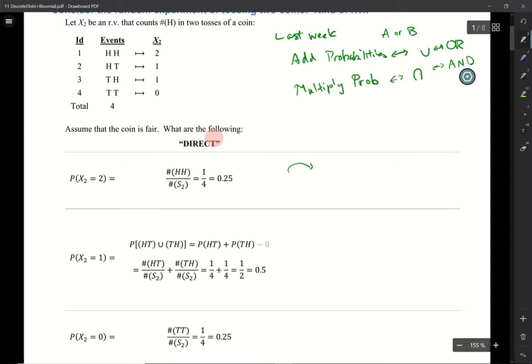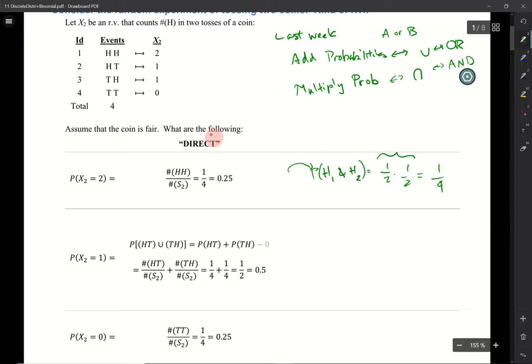So another way to get the same answer is we have heads first, and heads second. Probability of heads first and heads second, so then we have 1/2 times 1/2 equals 1/4. Why?